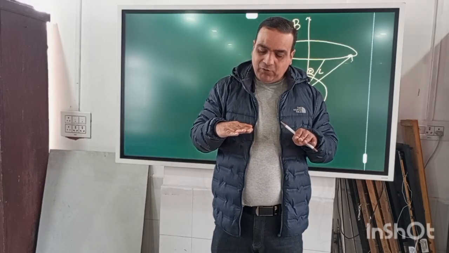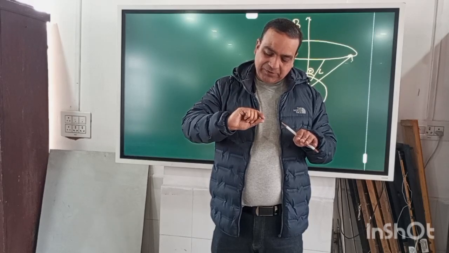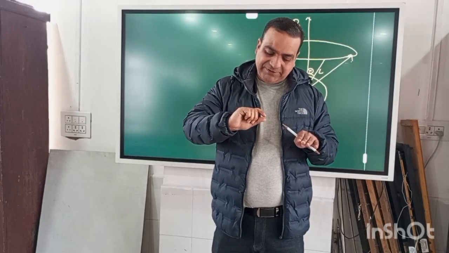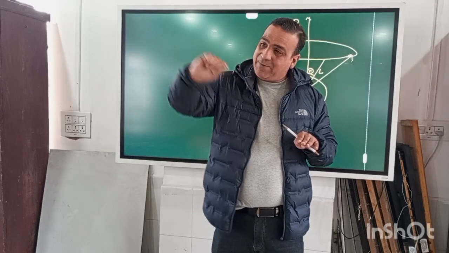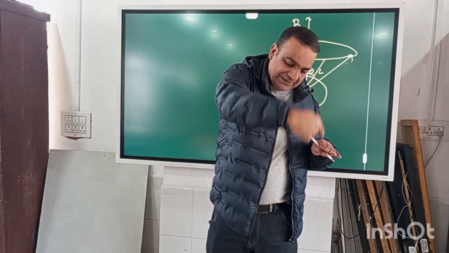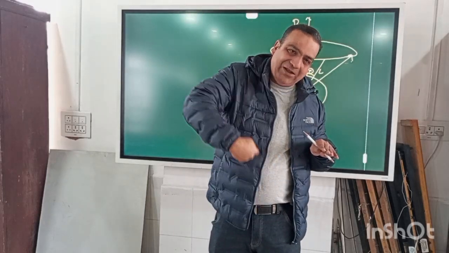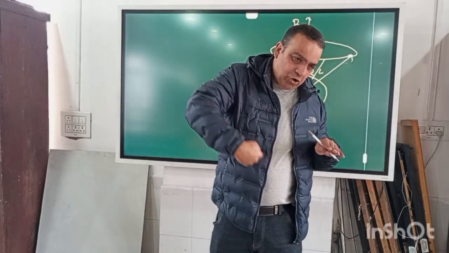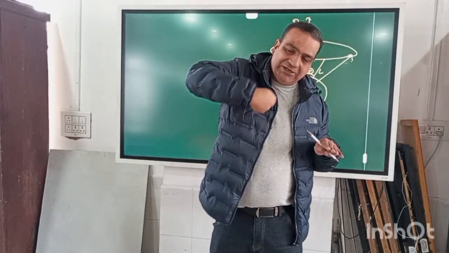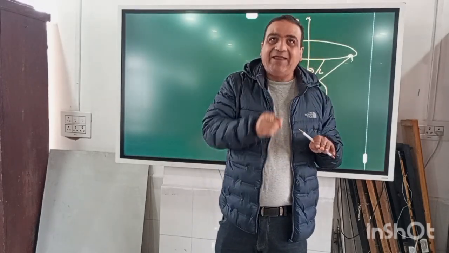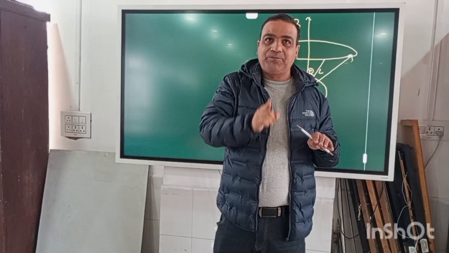So if I take this as my angular momentum, this is going to be the plane in which the electron is moving, and my magnetic field is in this direction.